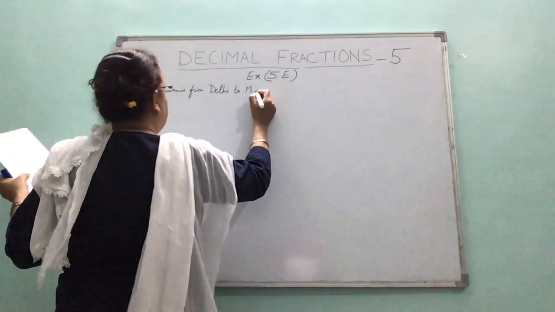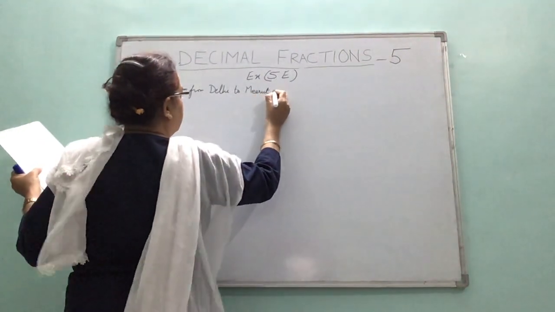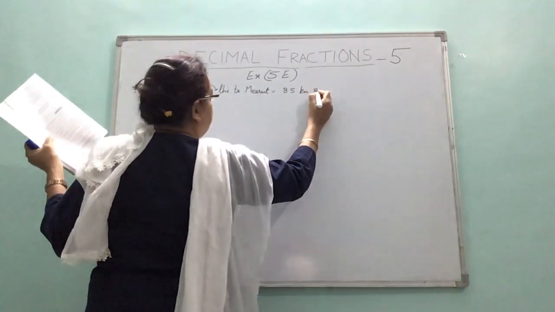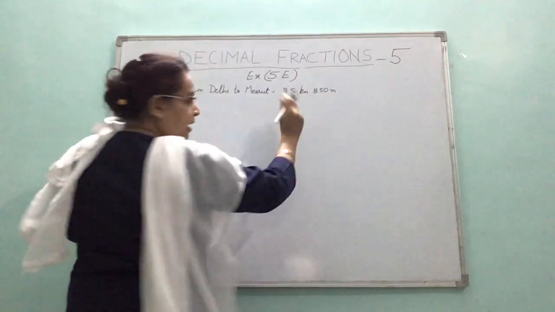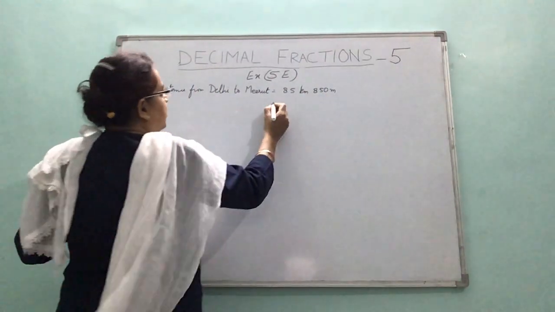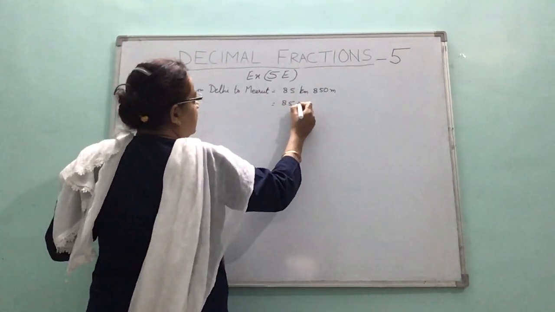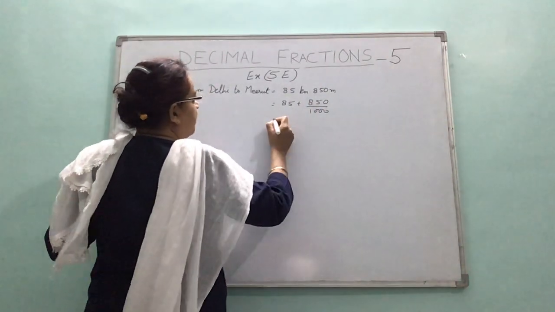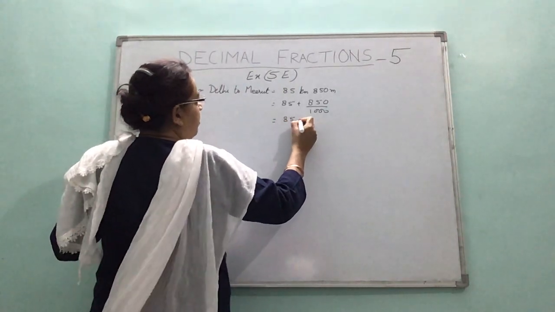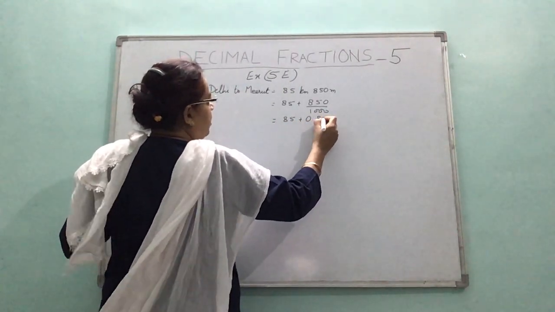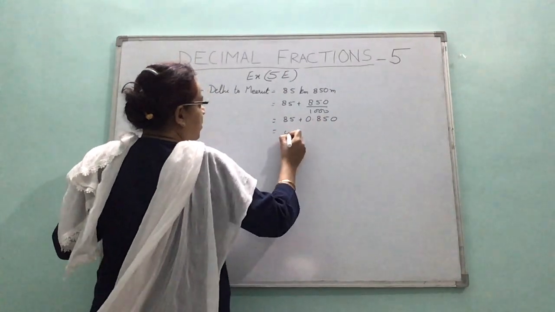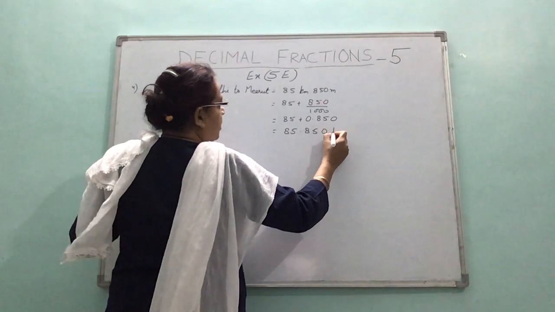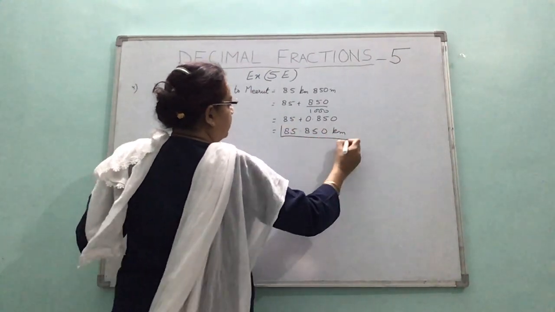Delhi to Meerut is 85 kilometer, 850 meter. I convert here itself. So 85 plus, to convert meter to kilometer, we divide by 1000. So 85 plus 0.850, so 85.850 kilometer. First part.